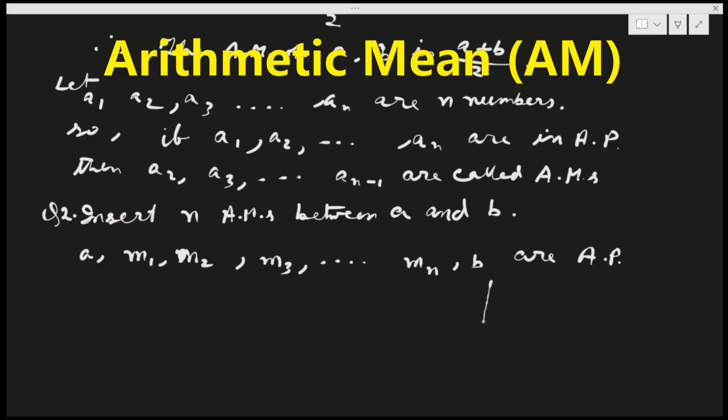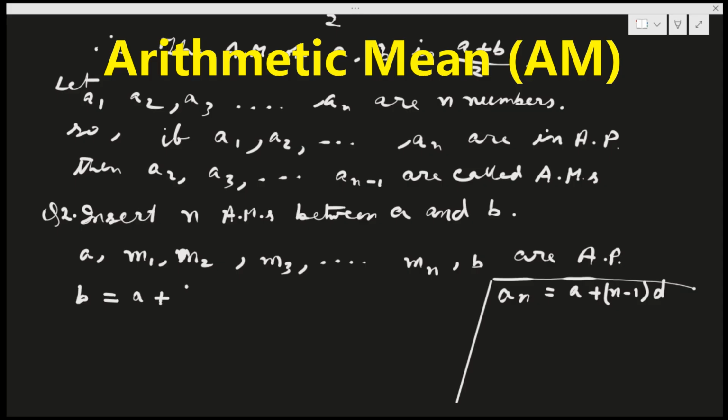Once we have derived a formula, what is that formula? The nth term is equal to A plus (n minus 1) into D. See, as these are in AP, B, the last term, can be expressed in terms of the first term plus the number of terms, here n plus 2 terms.